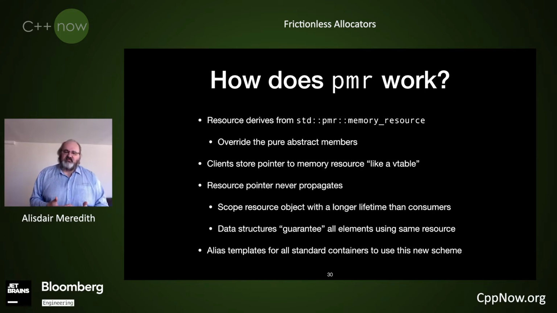And like a vtable means, in this notion, that when you copy, swap, or anything where you might want to propagate, where you're assigning, the memory resource pointer doesn't propagate, just as a vtable wouldn't propagate. You're saying, okay, I've got my pointer, this is how my object's going to have memory allocated for its lifetime. That is quite independent of the value and the other behavior of the type. And this provides us a couple of benefits.